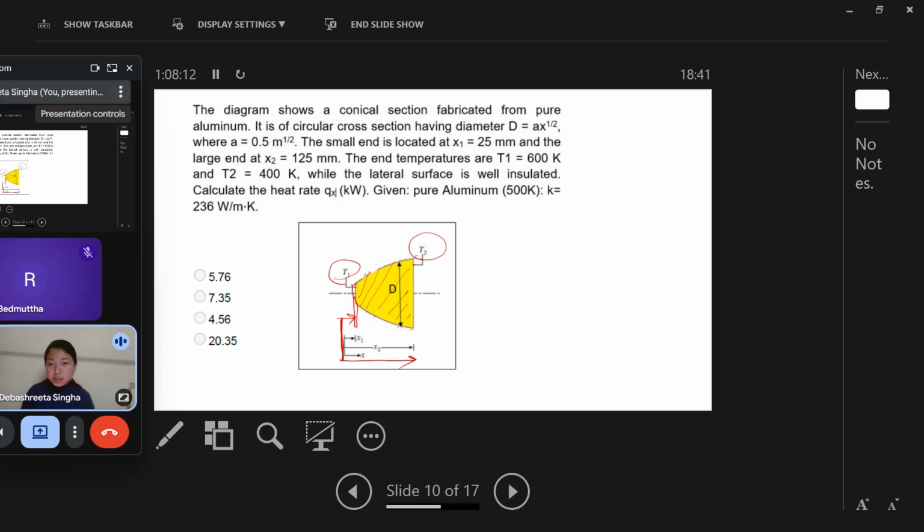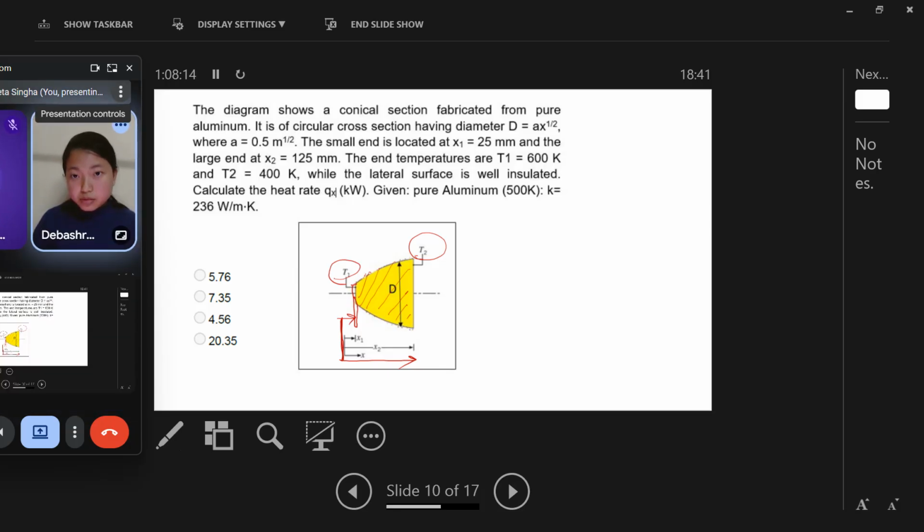So calculate the heat rate, given pure aluminium at 500 Kelvin. Here you don't need to calculate it, but why is 500 Kelvin given? Because the temperatures at both ends are around 600 and 400 Kelvin.